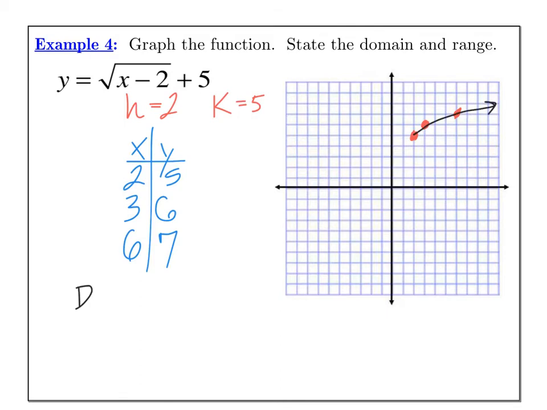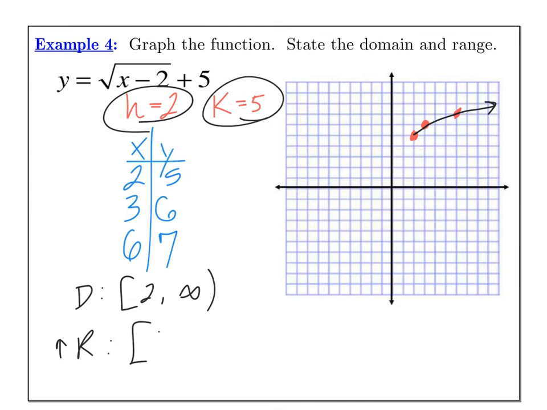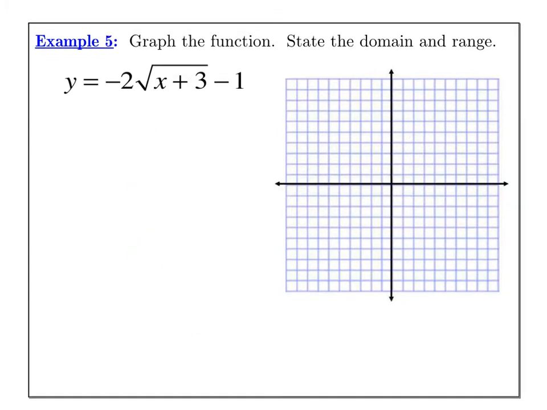Now the domain is your h value, everything to the right of h. Your range, depending on the direction of the orientation, because we open up, we will start with the k value, and we're going up towards positive infinity because of the direction. We're going up.